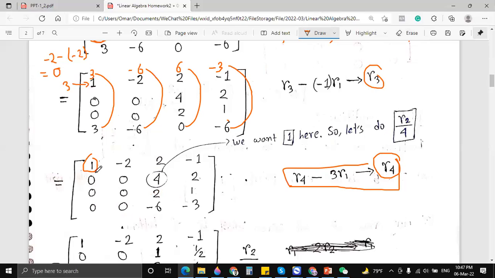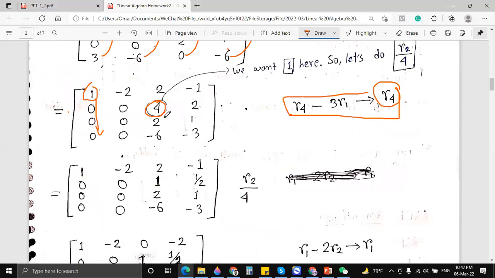So here we got all the entries below our first pivot point as 0. And the second pivot point is here, right? So now let's work on that. We also want all the numbers above this pivot point to be 0. Also, for RREF form we need this pivot point as 1.